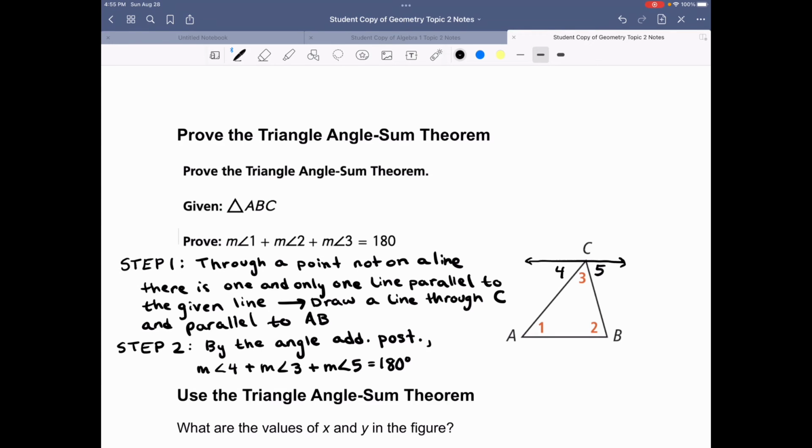Do you see that? Because it's a straight line. So if we add up 4, 3, and 5, it's 180 degrees.